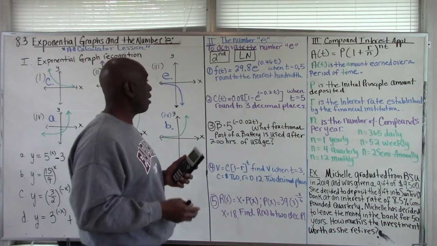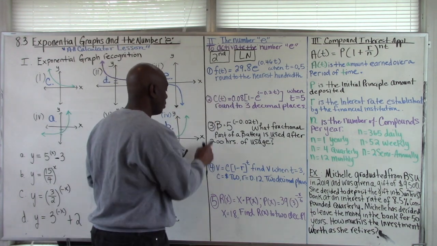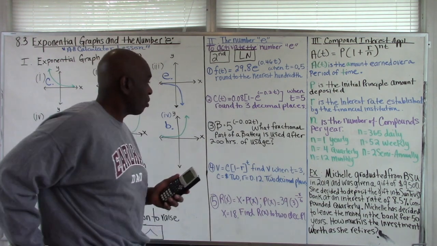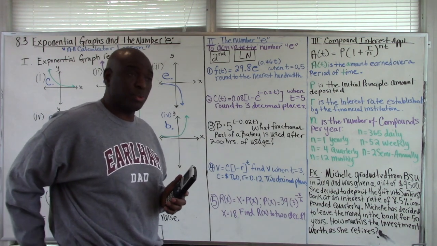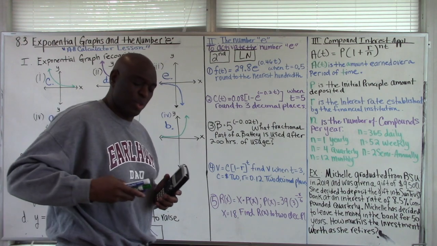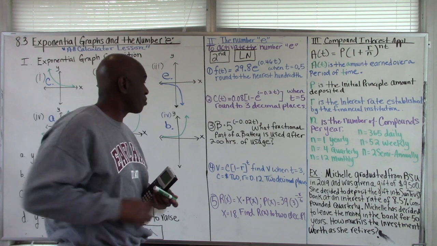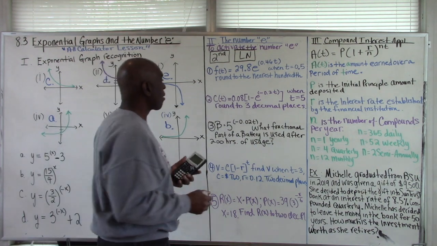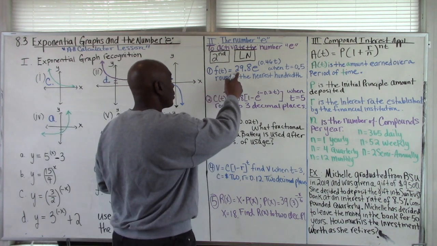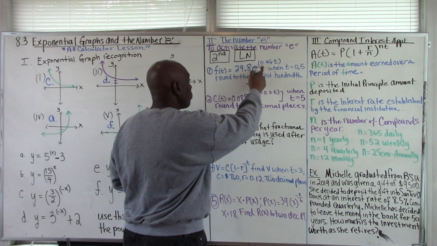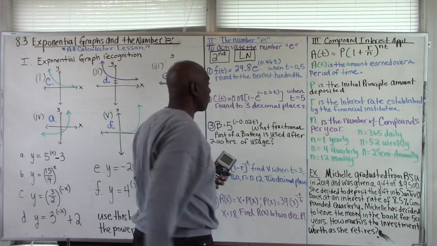All right. So now we have 1, 2, 3, 4, 5 examples of the number E. So what we want to do is use a calculator to determine what these values are, and that's a wrap. All right. So f of t equals 29.8 times e to the power of 0.46t when t is 0.5.